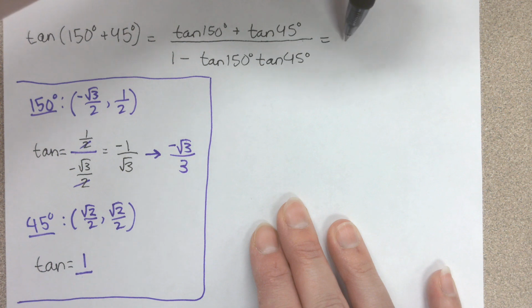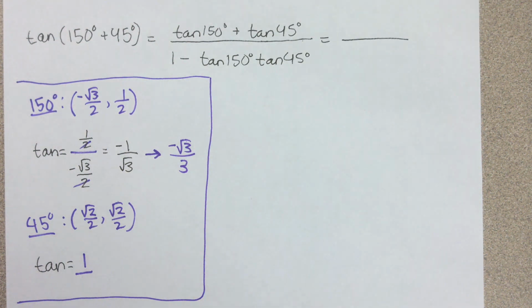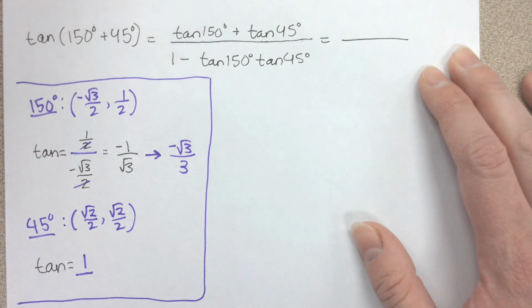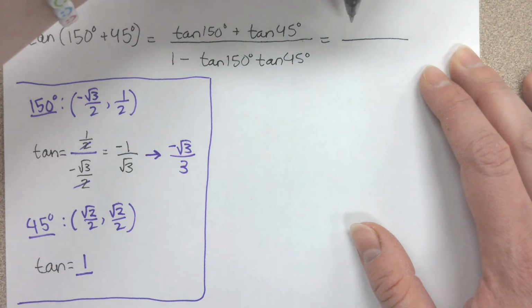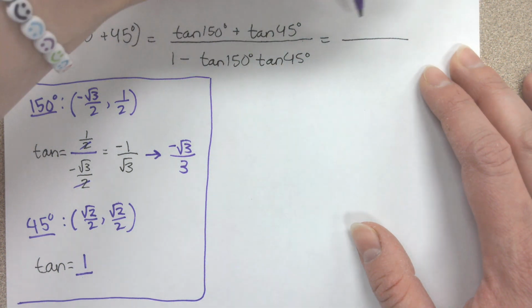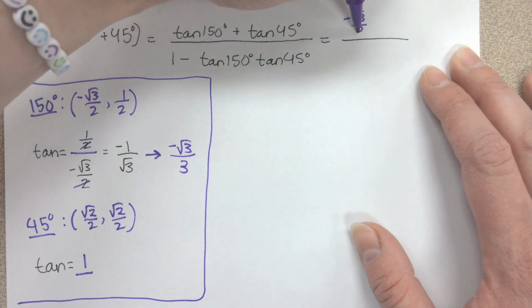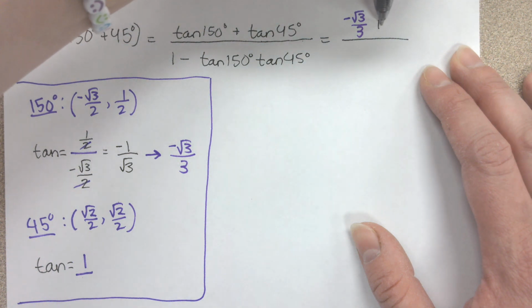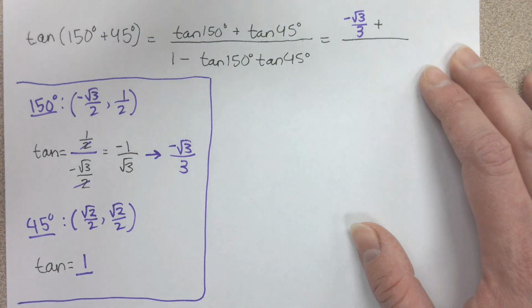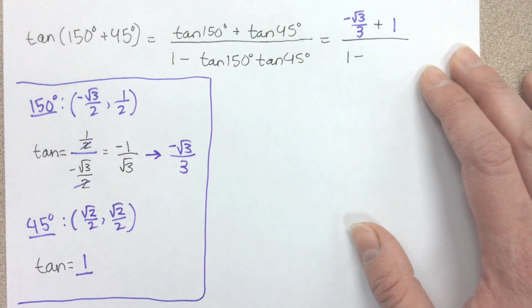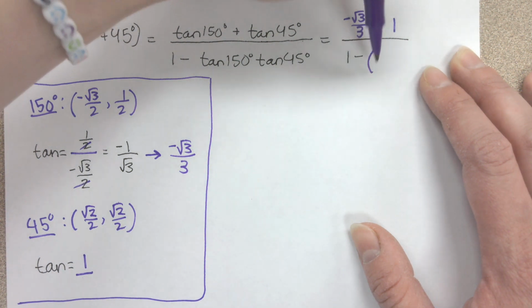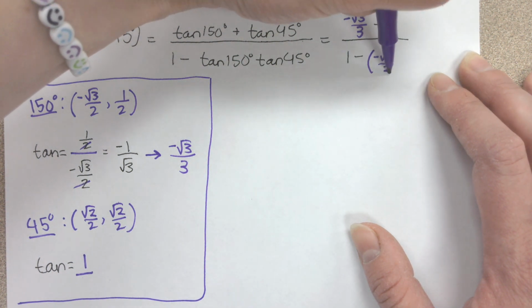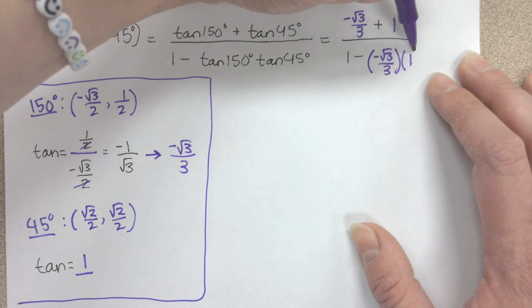Continuing with the problem, going to substitute those values in there. Tangent at 150, that's negative rad 3 over 3, plus tangent at 45 is 1, over 1 minus negative rad 3 over 3 times 1.